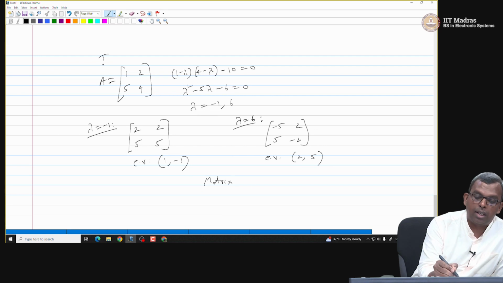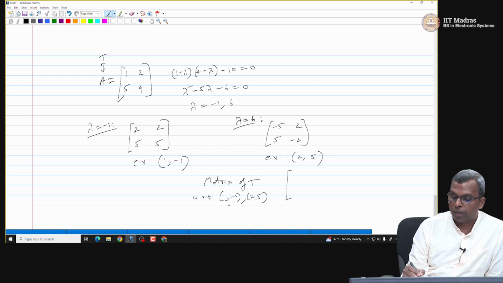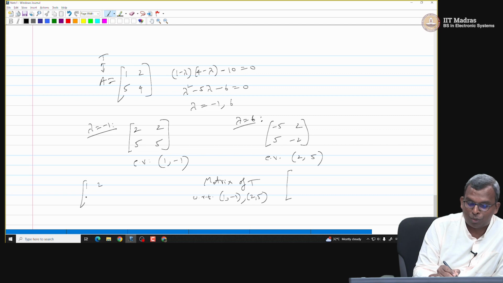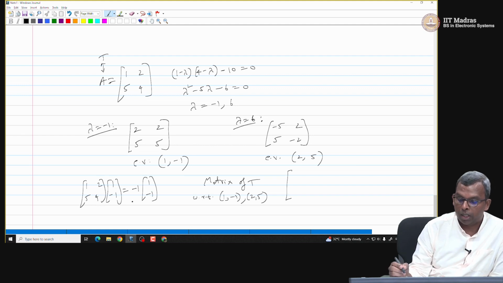So suppose this is T, an operator T, which is represented by that matrix. The matrix of T with respect to 1 comma minus 1 and 2 comma 5 is going to be, if you do 1 comma minus 1, you can try that once again just to check that your calculations were correct. 1 minus 1 gives you minus 1, 1, so it is minus 1 times 1 minus 1, okay.